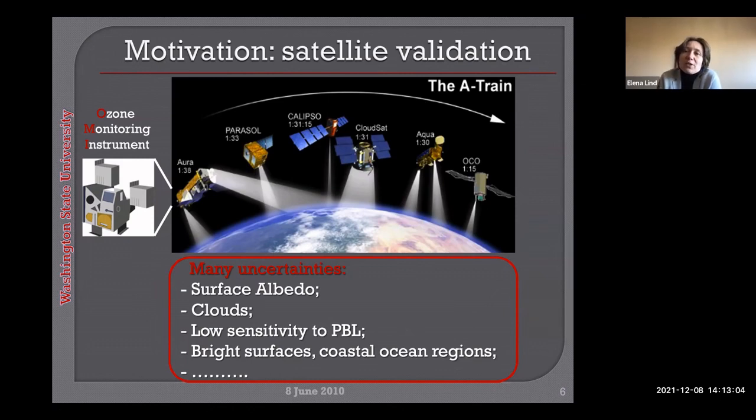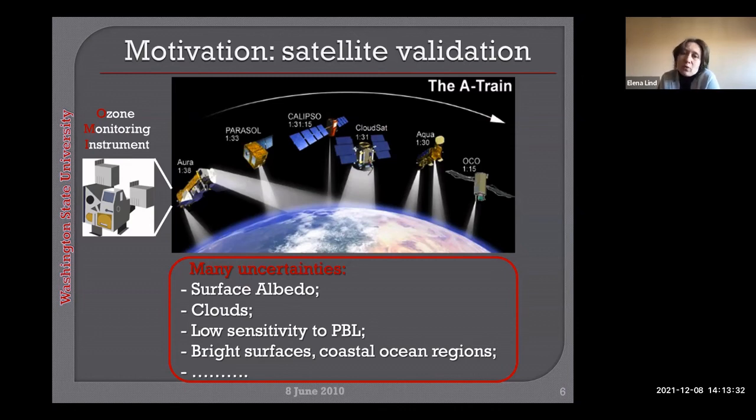The problem with the satellite measurements is, how do you know that they are right? Depending on where the instrument is, you might be just 500, 600 kilometers above, or you can be 35,000 if you're in geostationary orbit. That means that we need to understand what the measurements are doing, and we need to be able to validate.